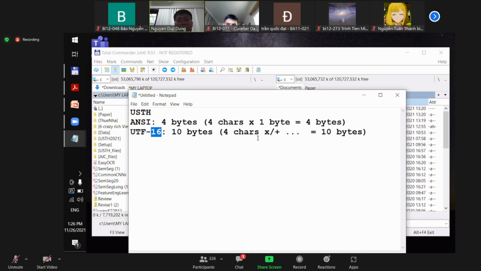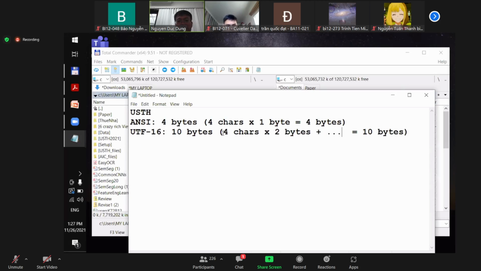It means that 4 characters multiplied by 2 bytes per character, plus something here, and we will have 10 bytes. Each character requires 2 bytes, and there must be some 2 bytes here. Okay, we got 10 bytes.